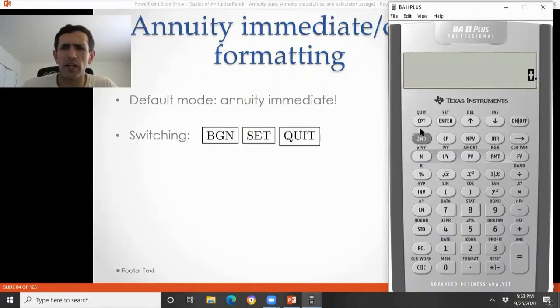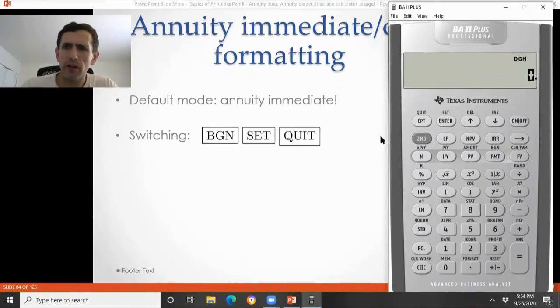I always like to go second quit just to get out of anything that I might be in. So you go to begin, which is right here, so second begin. You go to set, second right here. And you see a little BGN here. BGN means begin. It means that annuities are now at the beginning of each period.